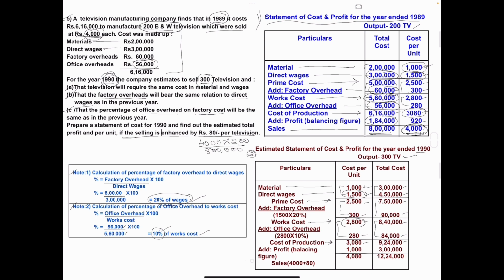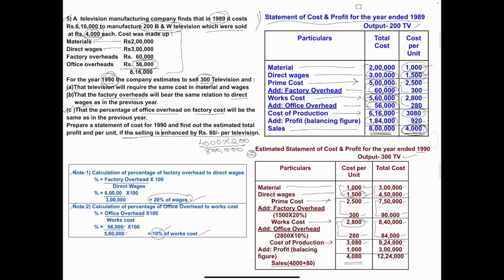One television is sold for rupees 4,000, but in 1990 they have increased the amount by rupees 80. So I have written here sales, last year amount is 4,000 and this year they have increased 80 rupees. So 4,000 plus 80, total is 4,080. In 1990, each television is sold for rupees 4,080.